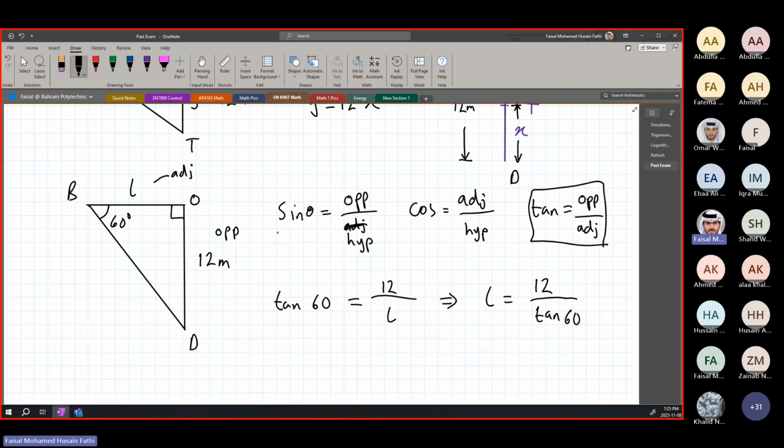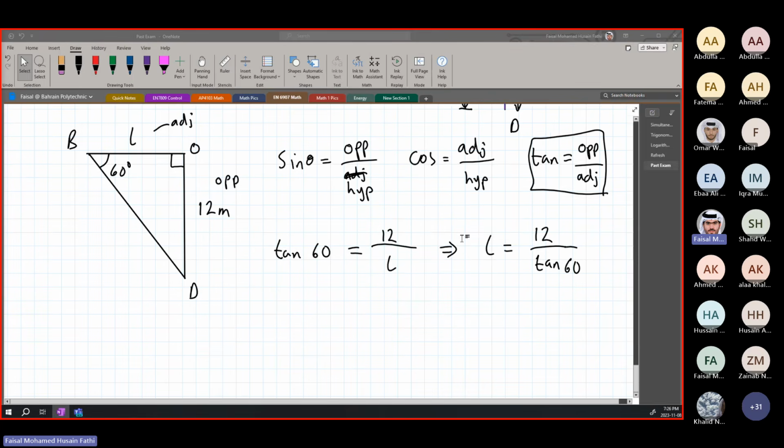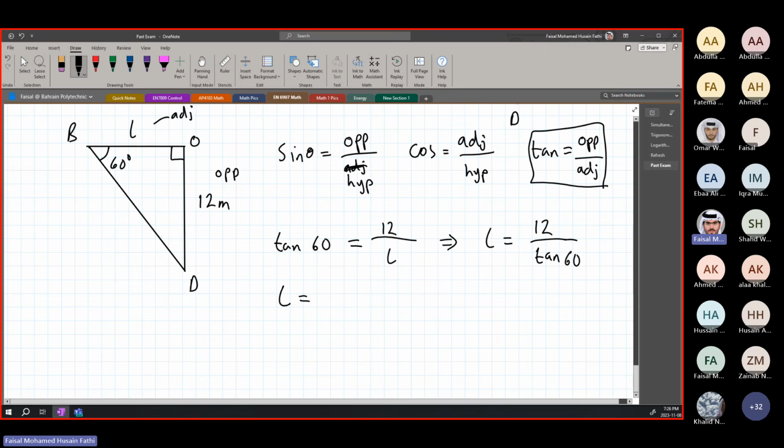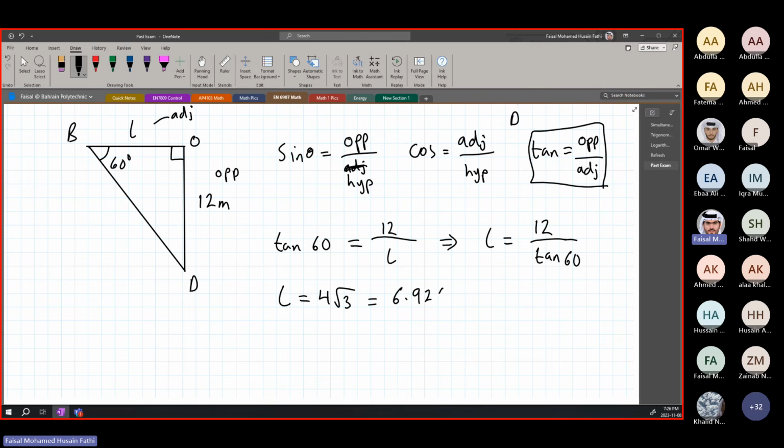All I did was move the L up and bring tan 60 down in place of the L. So with simple trigonometry we found L. L is equal to 12 over tan 60, which is equal to 4 square root 3, which is approximately 6.928.